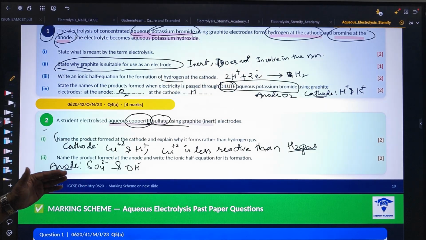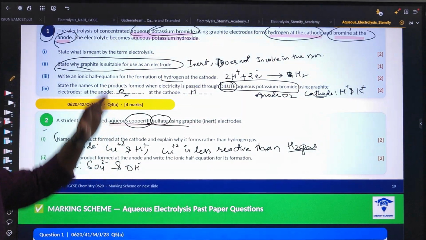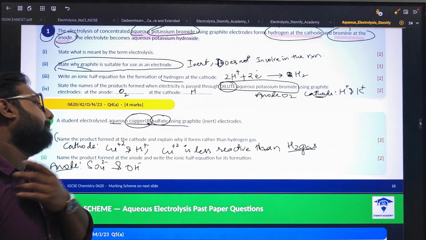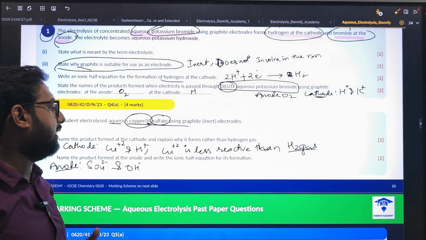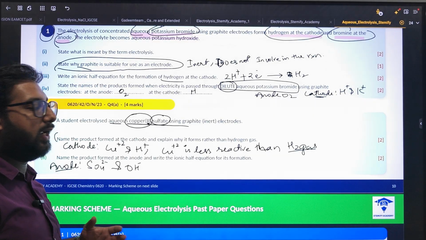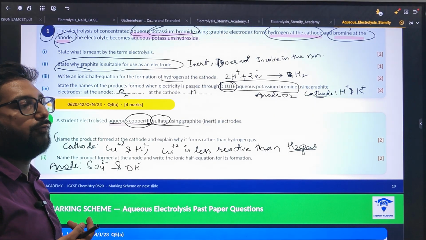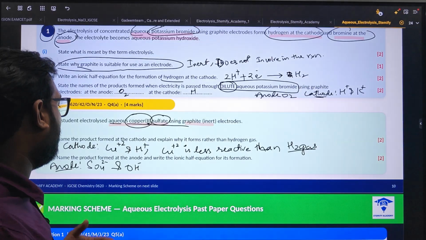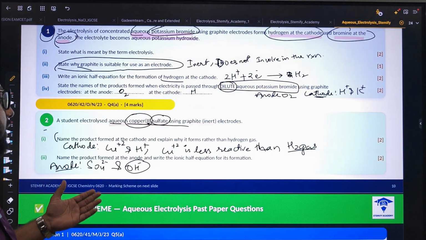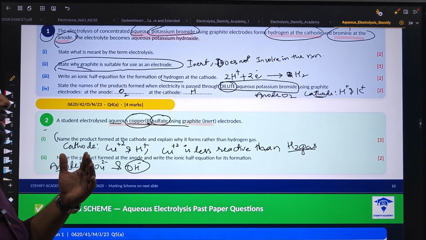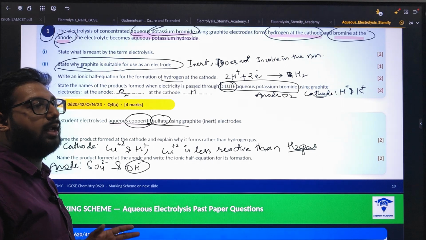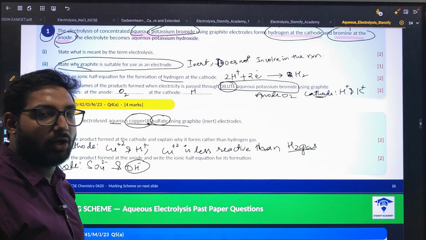Out of these two, which is more reactive? If you follow the flow chart which I explained in the previous slide, if there is any ion other than chlorine, bromine, and iodine, you straight away have to choose OH-, because OH- gets discharged at the anode if chlorine, bromine, iodine are not present.